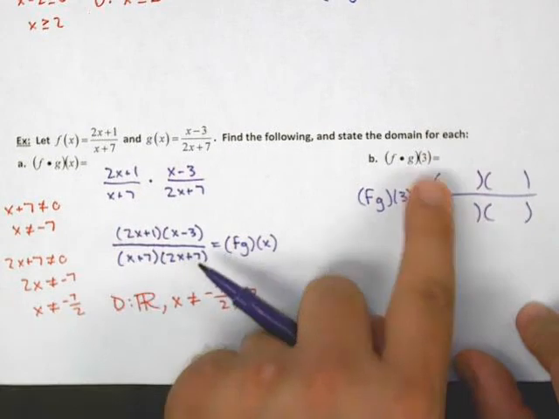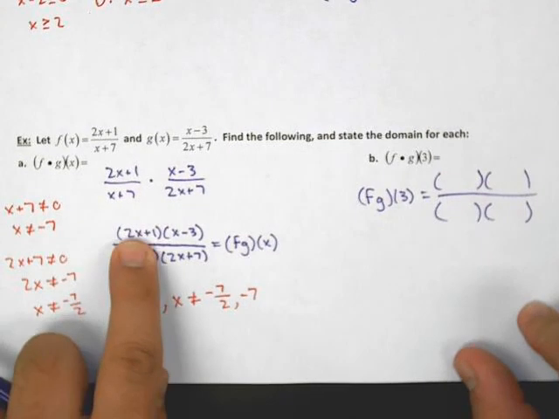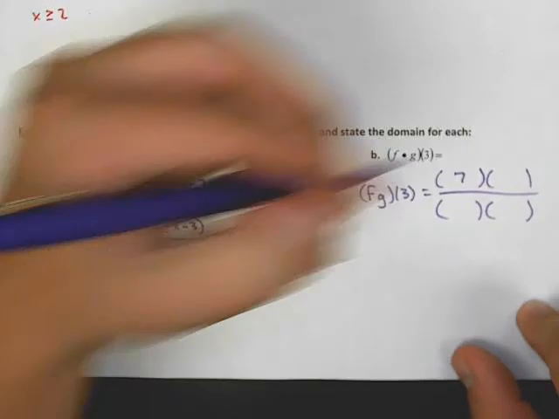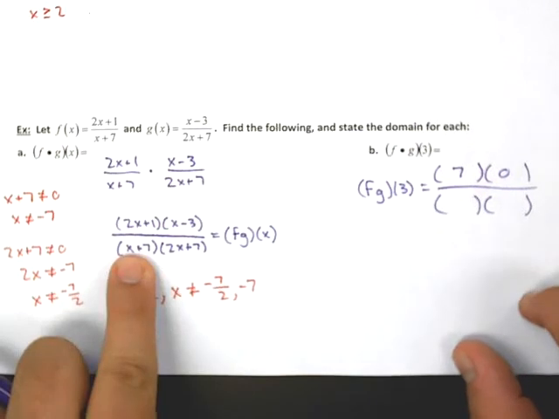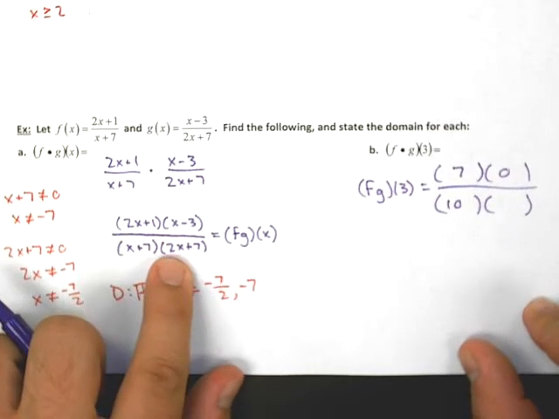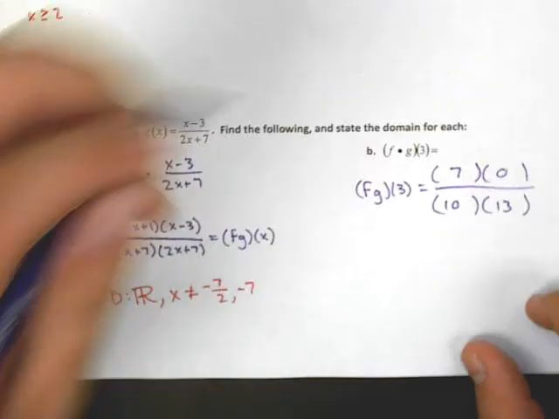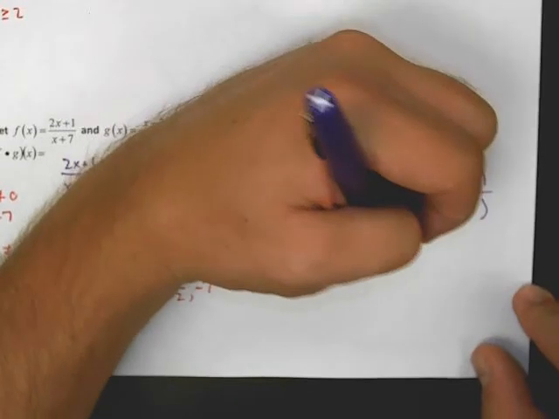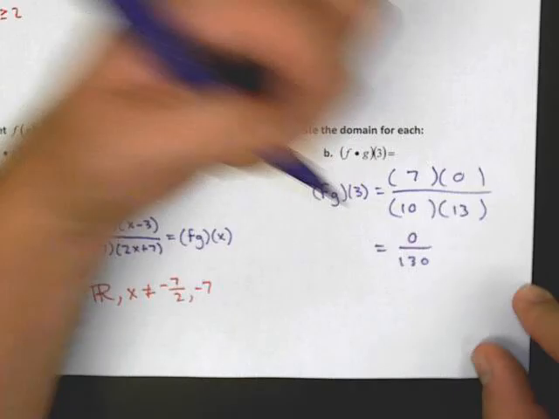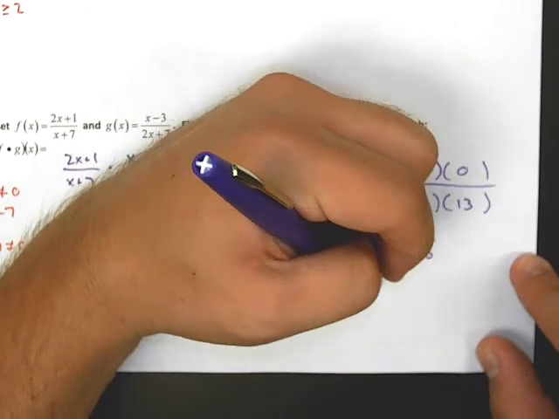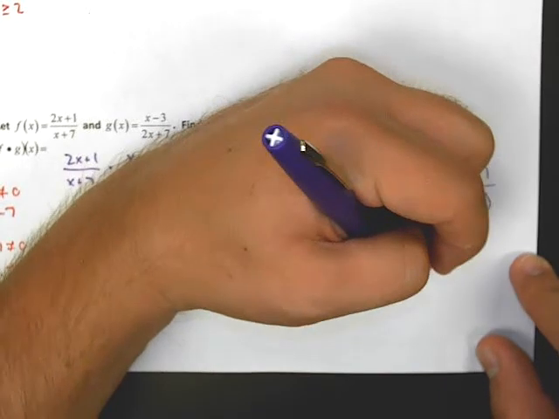So if I plug 3 in, 2 times 3 is 6, 6 plus 1, so this would be a 7. 3 minus 3 is 0. 3 plus 7, 10. 2 times 3 is 6. 6 plus 7, 13. You guys can do what you want to clean this up. Hopefully you notice that this would be 0 over 130, and then of course we know that 0 divided by anything is just 0.